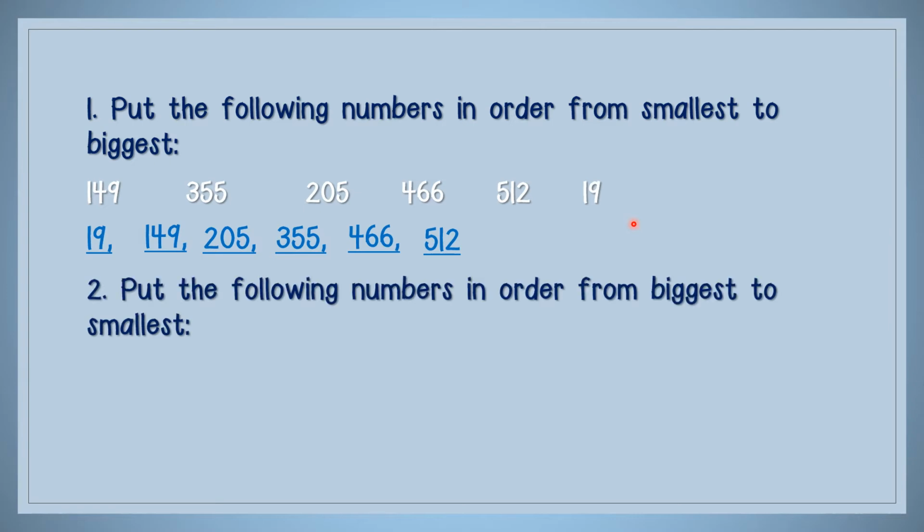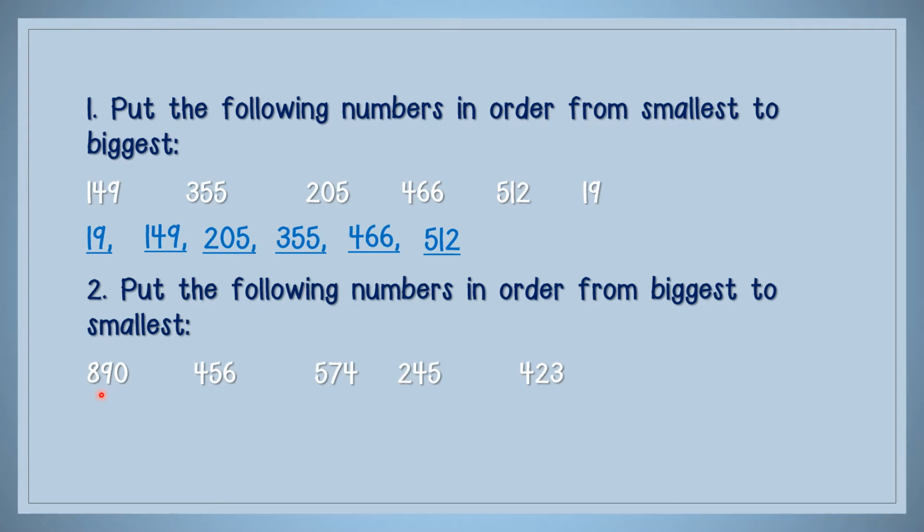and our biggest number is 512. So number 2, put the following numbers in order from biggest to smallest. So here we're going to start from the biggest number and we are going to count backwards to the smallest number. So the numbers are there. Let's look for the smallest number. Our smallest number is 245. And what is our biggest number?